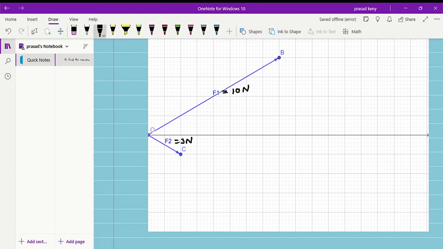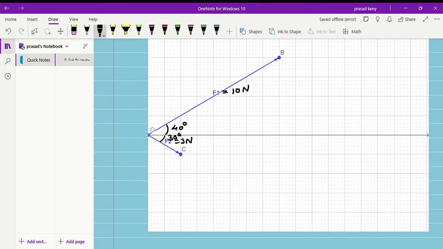Now the force F1 is acting at an angle of 40 degrees to the horizontal, above the horizontal, and the second force F2 is acting at an angle of 30 degrees to the horizontal, below the horizontal.